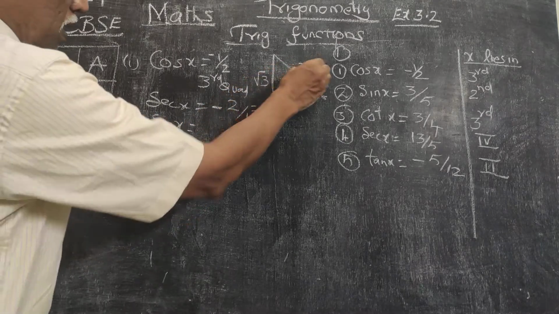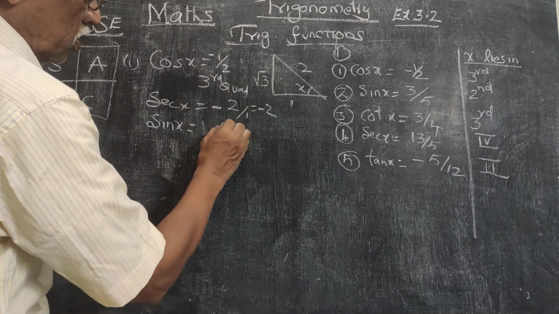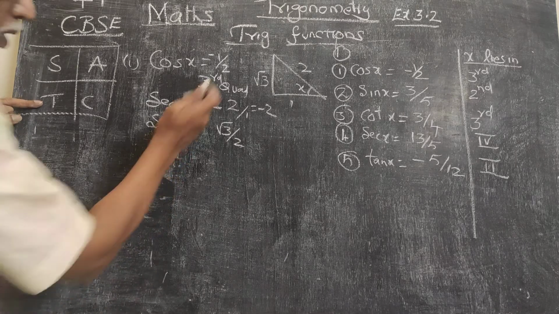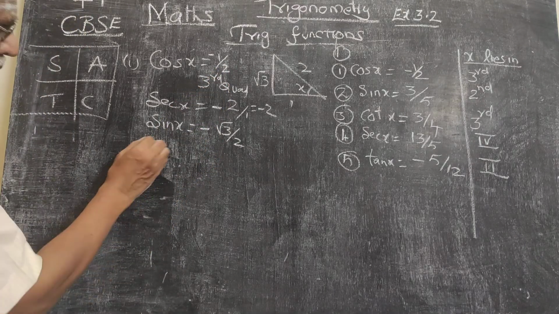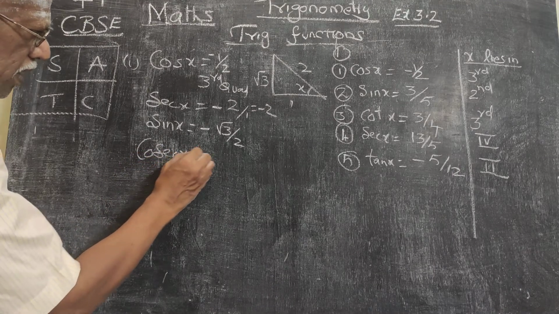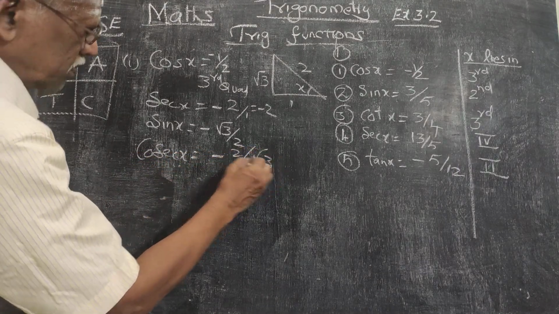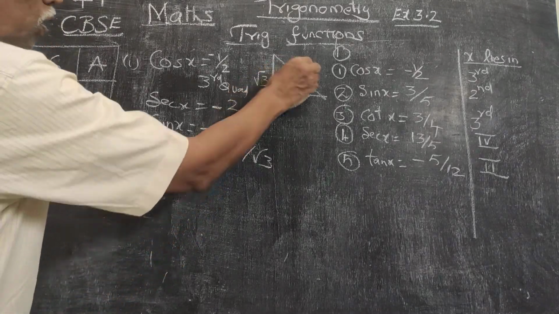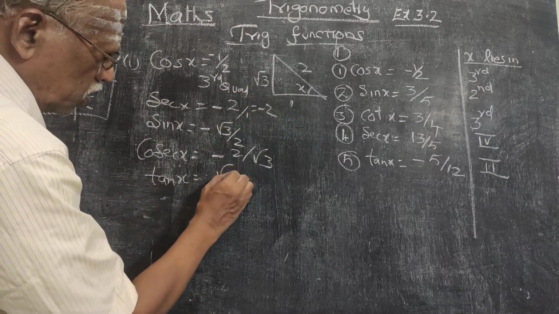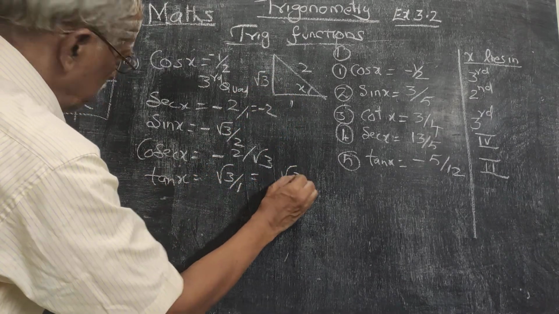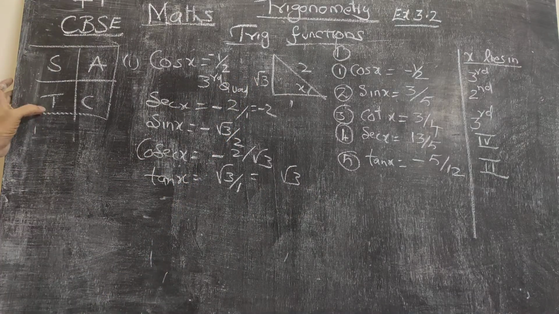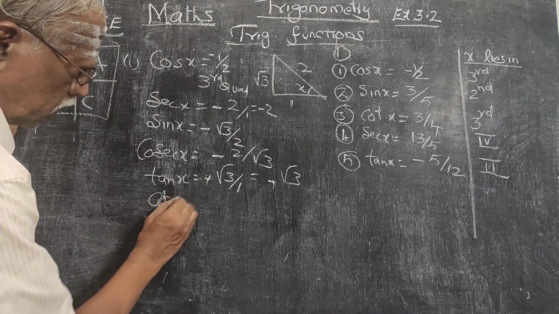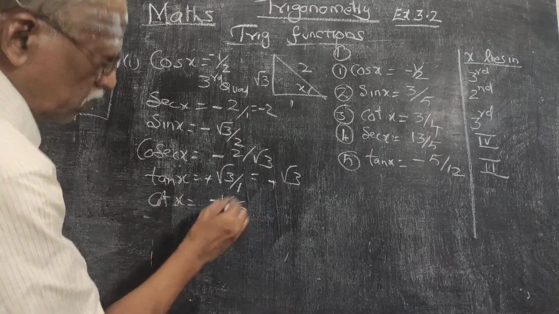Sin x is opposite by hypotenuse, √3/2, but it lies in the third quadrant, so you put minus, and immediately you go for the reciprocal: cosecant x equal to minus 2/√3. The last part, tan x, is opposite by adjacent, that is √3/1, simply √3. x lies in the third quadrant where tangent is positive. So what about cot? Cot x equal to 1/√3.